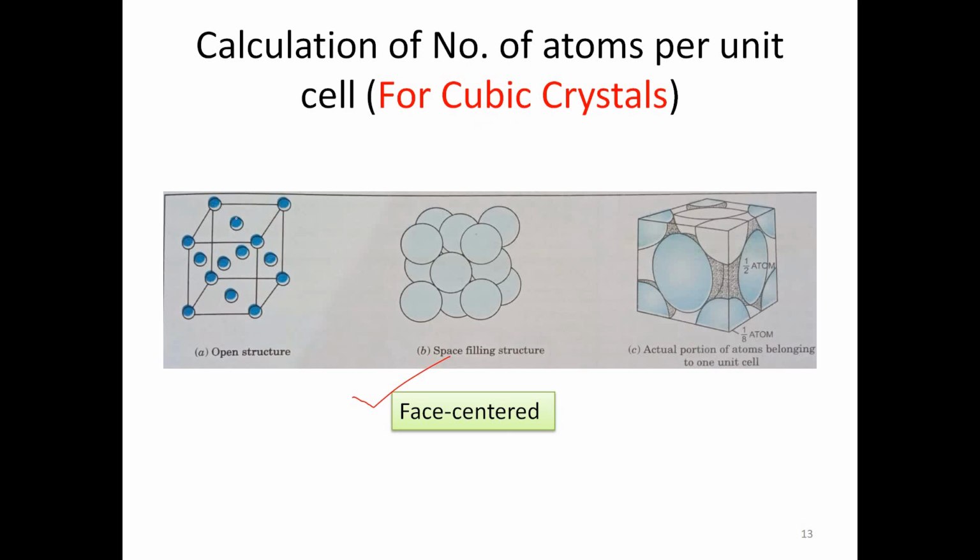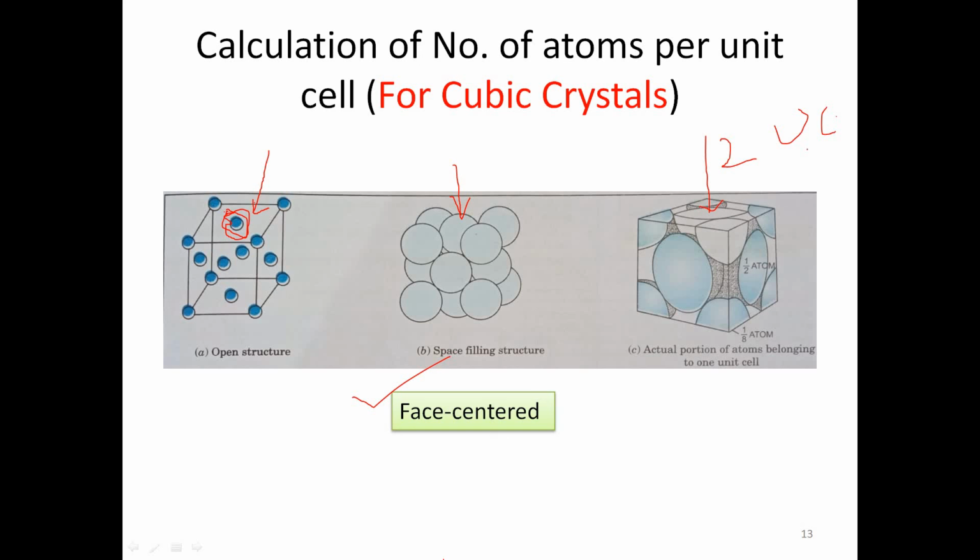Then for the face-centered cubic cell, this is the lattice point for the constituent particle present at the face center. This constituent particle is shared by a total of 2 unit cells. This is very important. In order to do further calculations, you will have to visualize all these things.